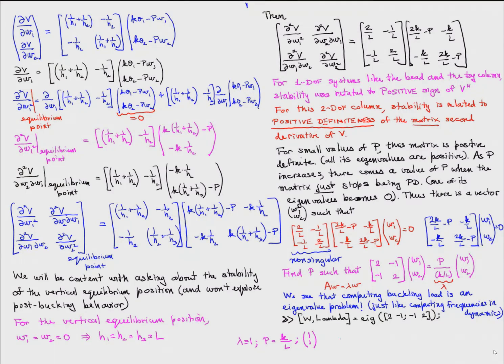For lambda equals 1, because P over KL is equal to lambda, lambda equals 1 means P equals KL. The eigenvector is 1, 1, which represents a buckled mode as shown in that picture. And similarly, for lambda equals 3, P equals 3KL. The eigenvector is 1, minus 1, and the buckled mode is that zigzag mode as shown there. And that's possible if there is some latent restraint in it.